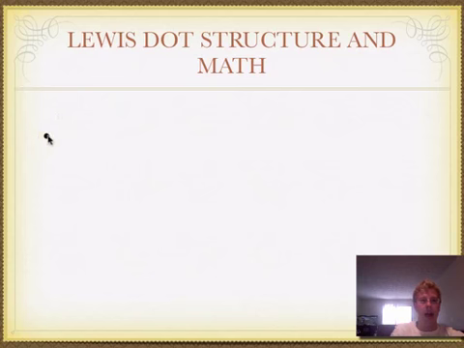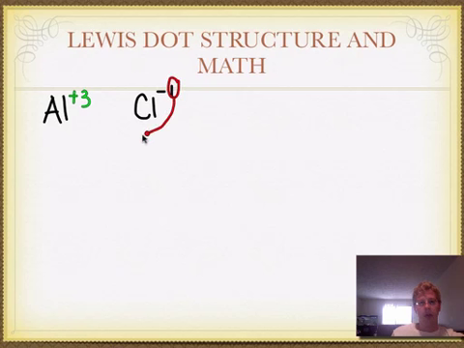Let's say we have aluminum, which is a plus 3, and we have chlorine, which is a minus 1. Now, the chlorine charge here, we're going to ignore the sign and move it down by aluminum.